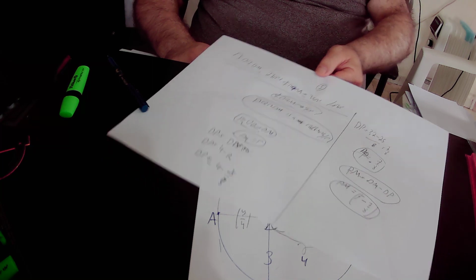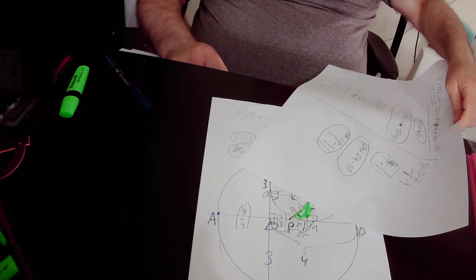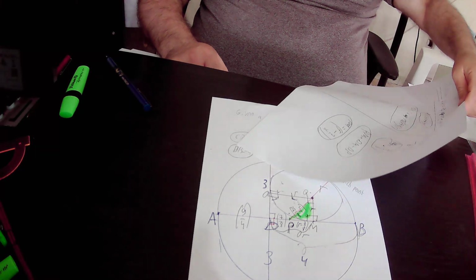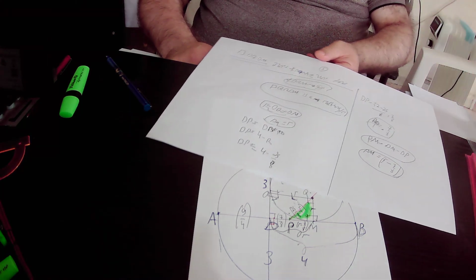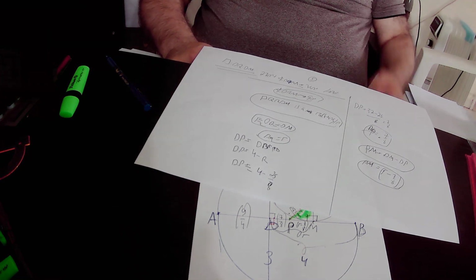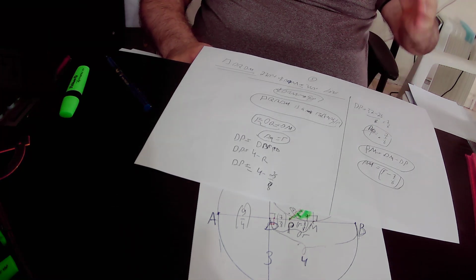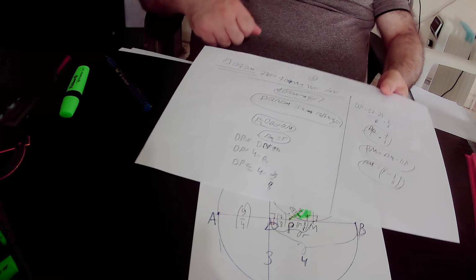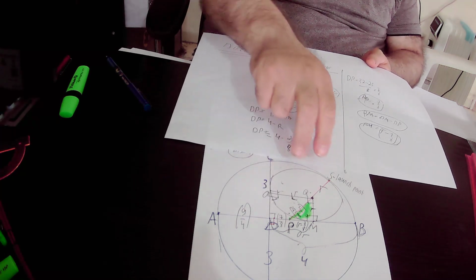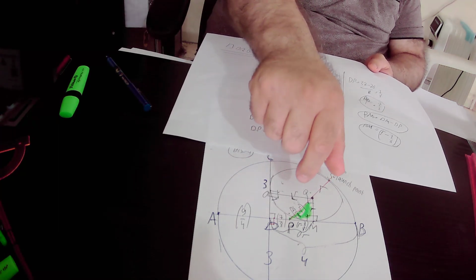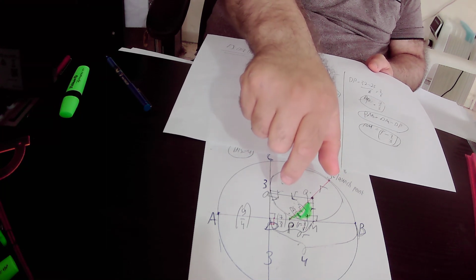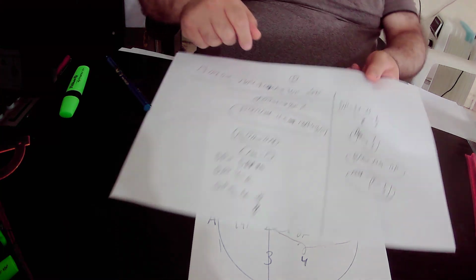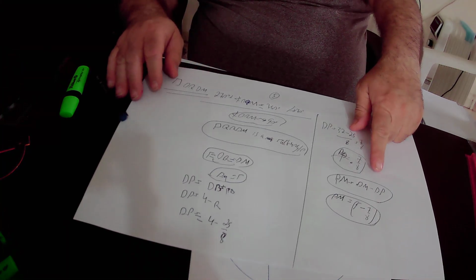Then, what is the length of line segment PM? We found that DP equals 7 eighths. From the drawing, it is very easy to see that PM equals DM minus DP.